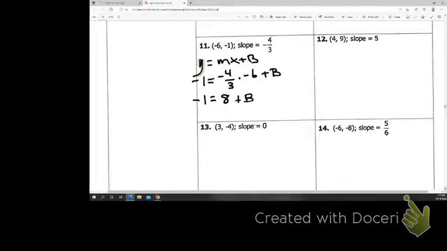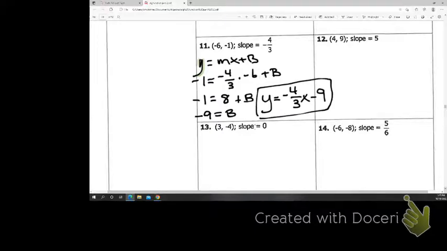And then I'd have to subtract the 8 to get the b by itself. Negative 1 subtract 8 would be negative 9 for b. And then there's my equation.